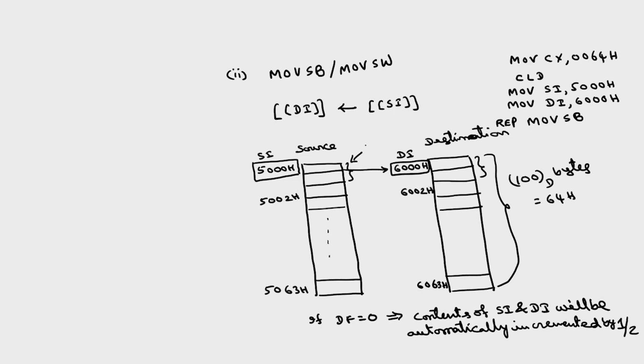This is the first word, and the second word will be at 5002 and 5003H. Automatically the contents of SI and DI will be incremented by 2 if the direction flag is 0. If the direction flag is set, then they will be decremented by 2. So, the direction will be from top to bottom, whereas now it is bottom to top. This is the only difference.